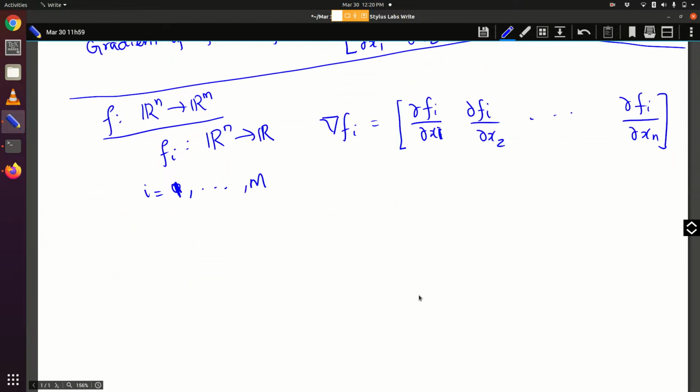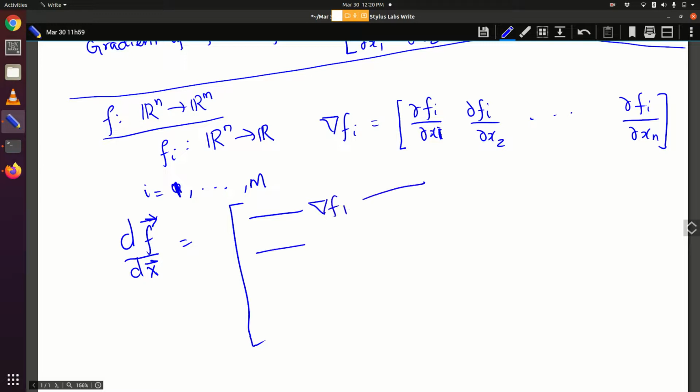Now the overall gradient of f, df by dx, is going to be just putting all the gradients one on top of each other. The first will be gradient f1, gradient f2, all the way till gradient fm.